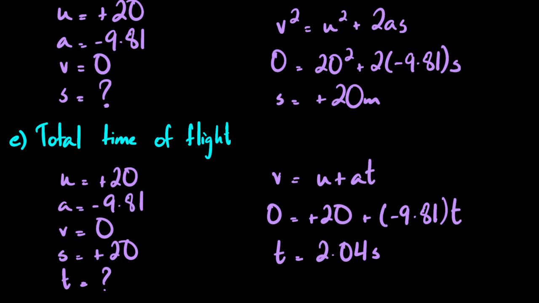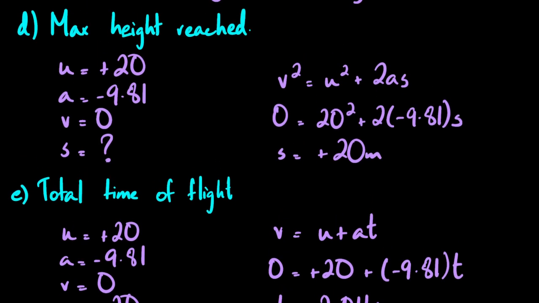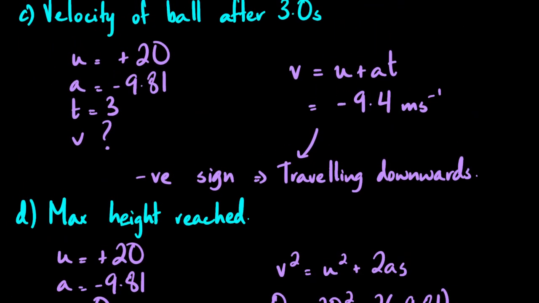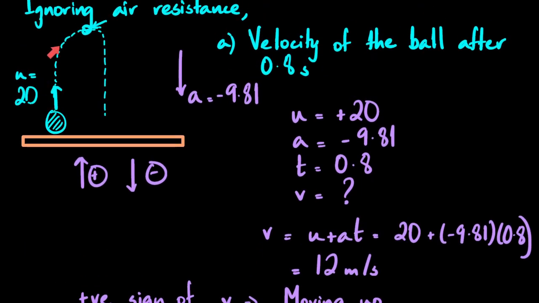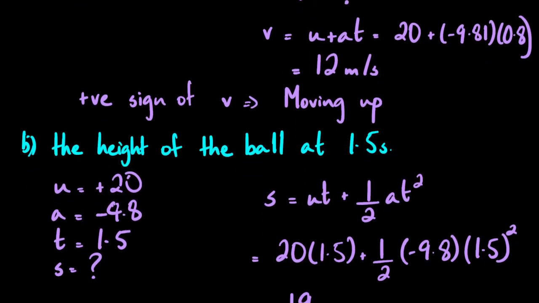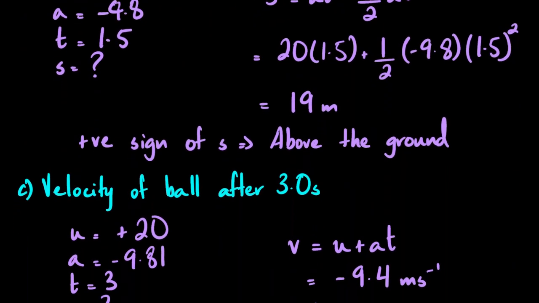So this value will also start to make a lot more sense now, if I look at it alongside the other parts that I did. It takes a time of 2.04, almost 2 seconds, to reach the maximum height. So I know that when I was calculating the velocity of the ball before that time, at a time like 0.8 seconds, it was still moving upwards. And when I calculated the velocity of the ball at 3 seconds in, I think part C, that was basically the latter part of the journey.